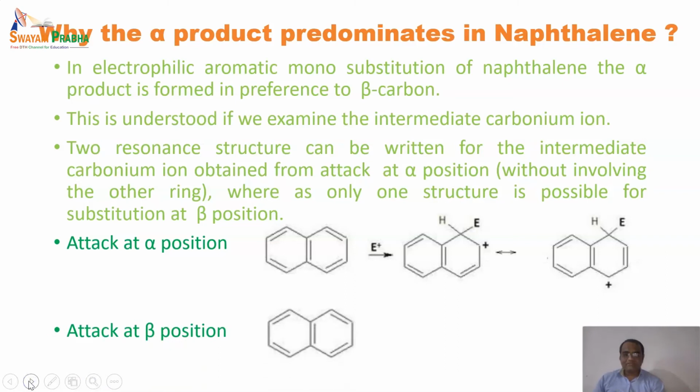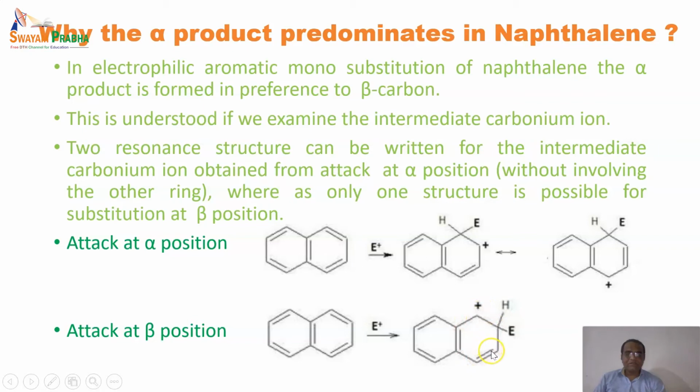Now coming towards the beta position, if the electrophile attacks at a beta position, there is only one type of carbocation formed. There is no other carbocation formed, because it cannot shift towards another carbon, as we are not considering the second ring, just the first ring.